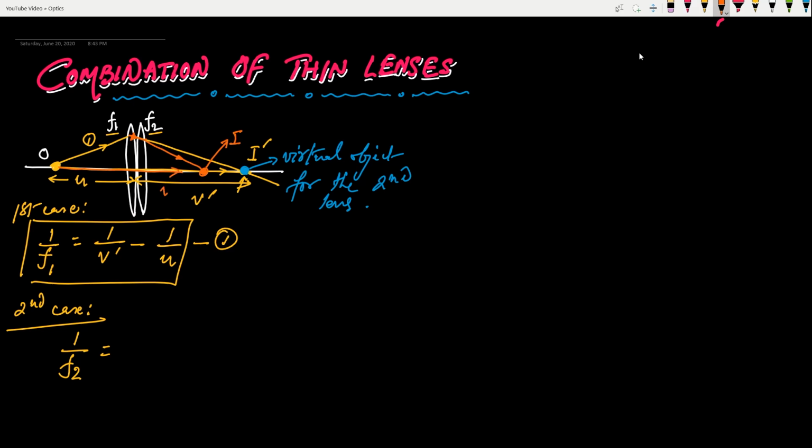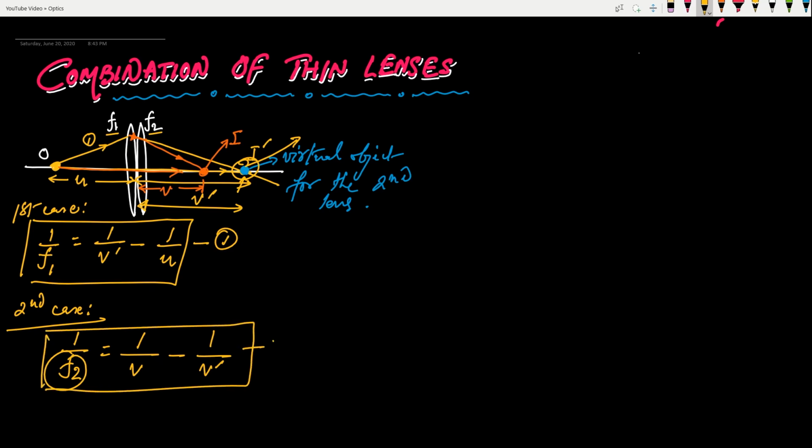Therefore this distance is the final image distance v. So we apply the Lens formula: 1 by f2 is equal to 1 by v, the image distance here being v, and the object distance will be v dash, because this image is acting as a virtual object for the second lens. I hope this much is clear. So this is our second equation.